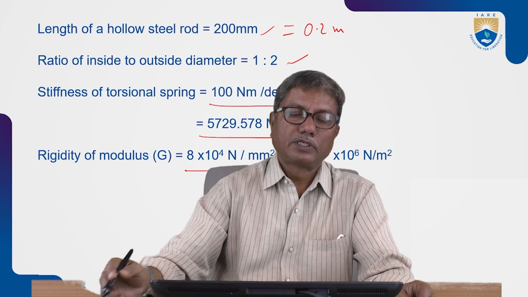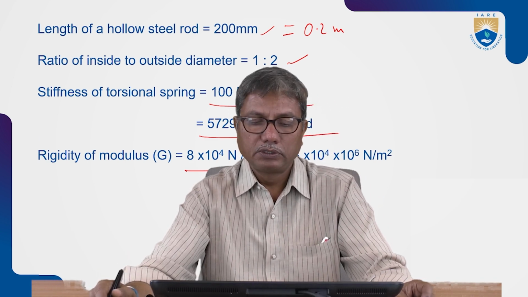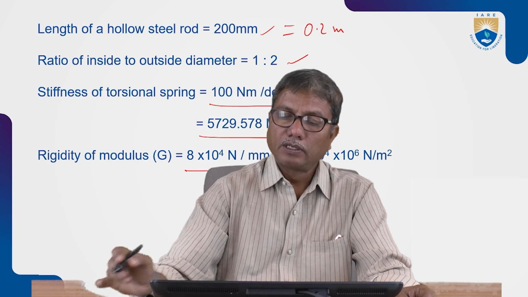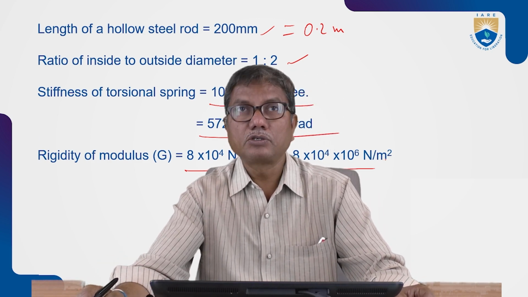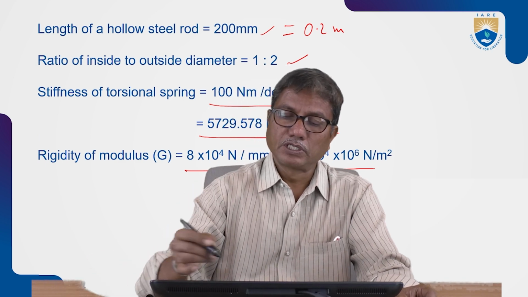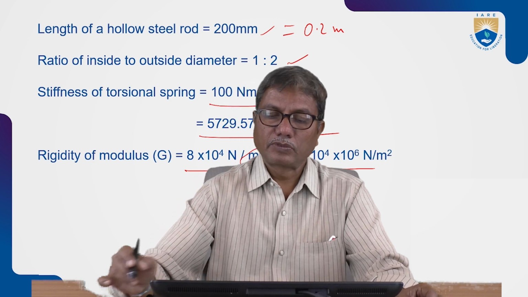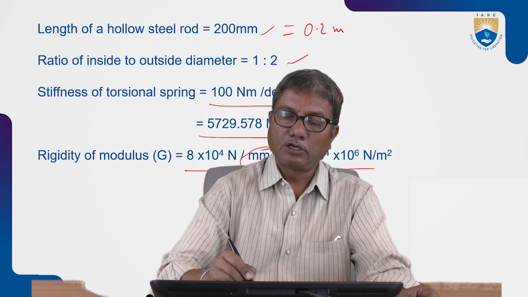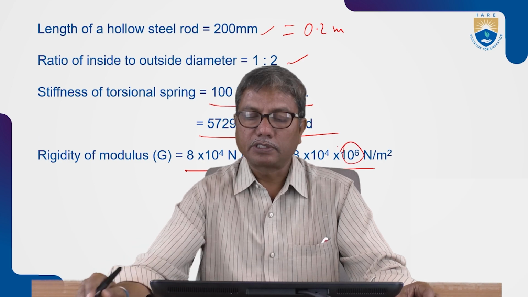The rigidity modulus is 8 into 10 power 4 Newton per mm square, which can be expressed as 8 into 10 power 4 into 10 power 6 Newton per meter square. We are converting mm square to meter square, so in the denominator you have minus 6, and when it comes to the numerator it becomes plus 6.